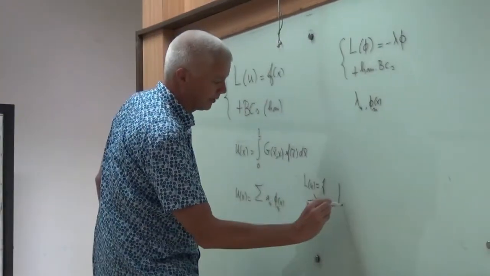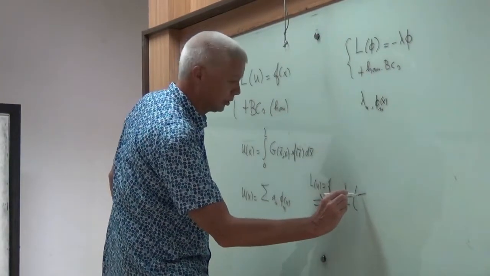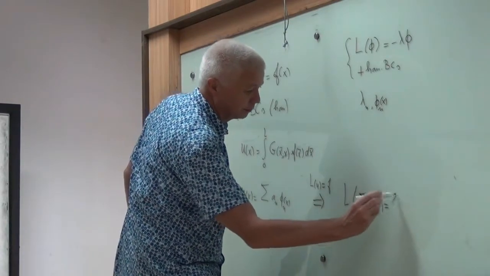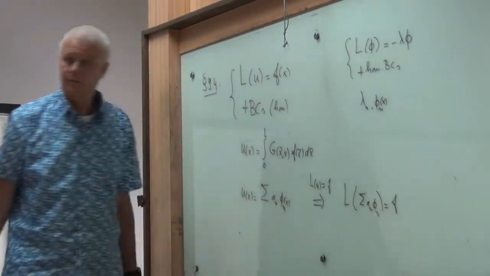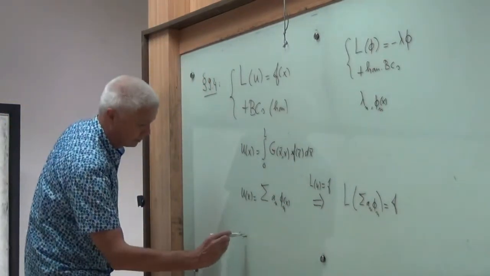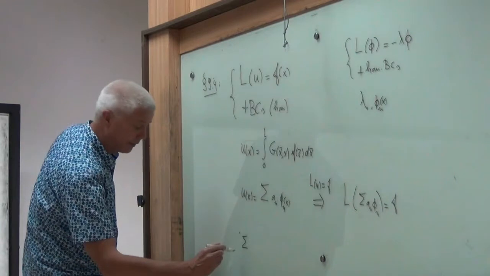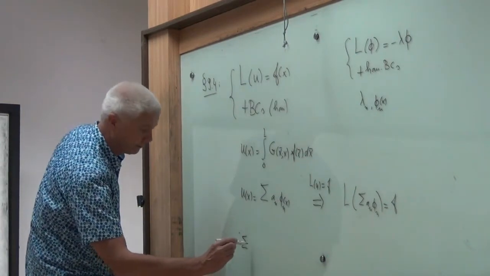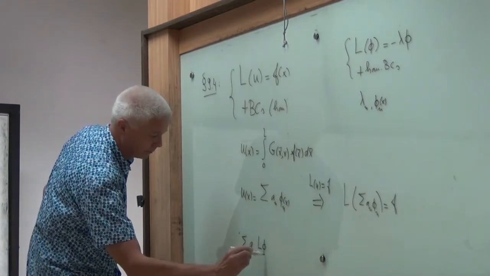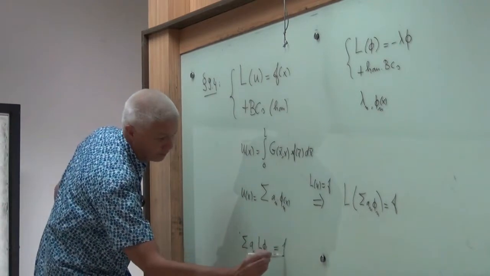Then you have to compute L of the sum a_n phi_n is equal to f. Interchange summation and differential operator to obtain this.